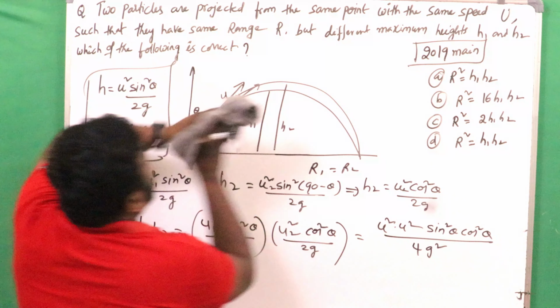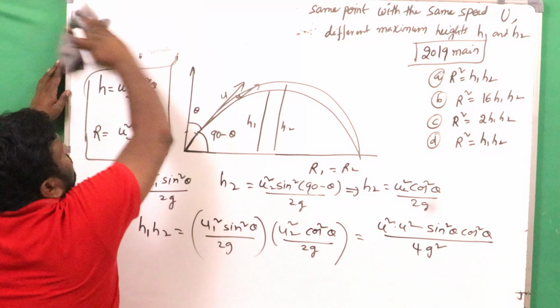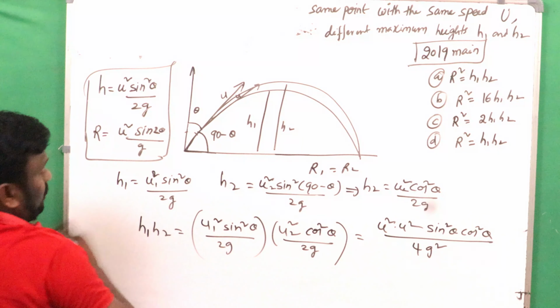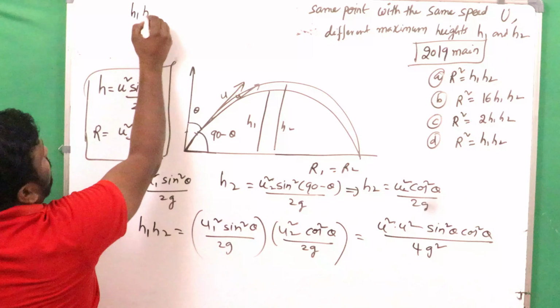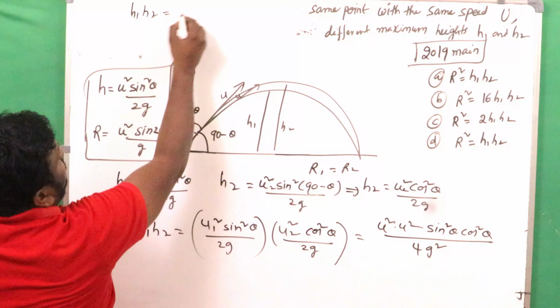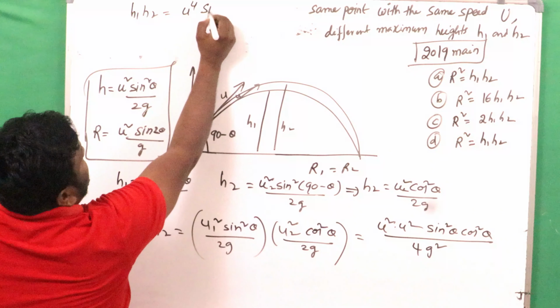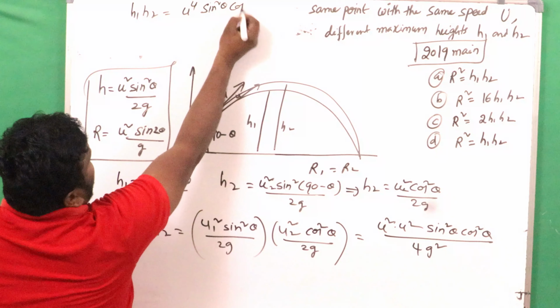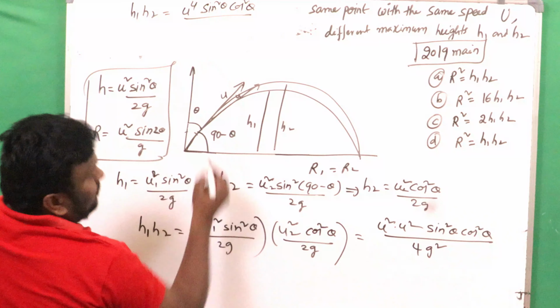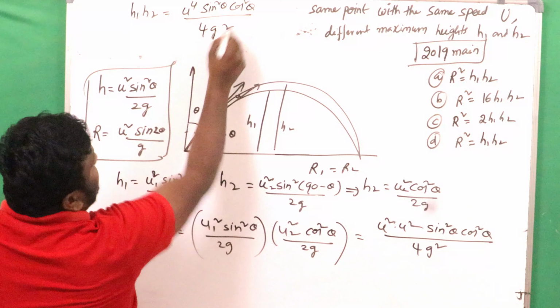So h1 h2 is equal to u to the power of 4 sine square theta cos square theta by 4g square.